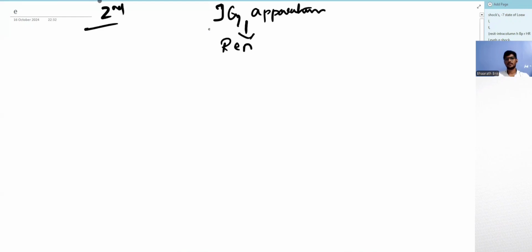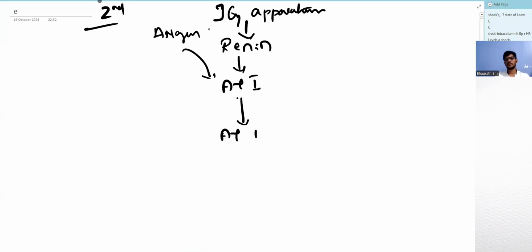They release renin. Now renin basically converts angiotensinogen to angiotensin 1. This angiotensin 1 is converted into angiotensin 2 by angiotensin converting enzyme, which is actually present in the endothelial cells of the pulmonary capillaries.